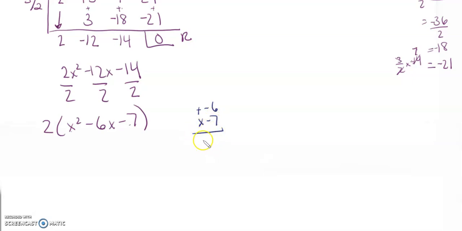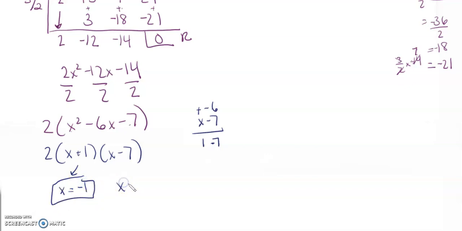Well, 7's a prime number, so we have 1 times 7, and we would have to put the negative sign on the 7, because negative 7 plus 1 is negative 6. So we would get x plus 1, x minus 7. So the other two factors are x plus 1 and x minus 7. And then the zeros are x equals negative 1 and x equals 7.